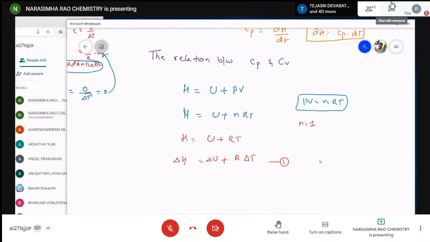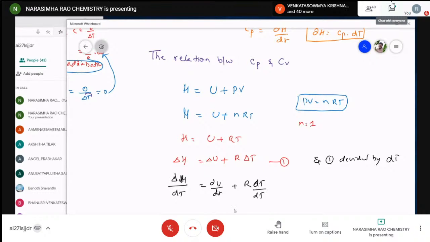Equation 1 divided by dT. Now delta H means dH. dH upon dT is equal to dU by dT plus R dT by dT.